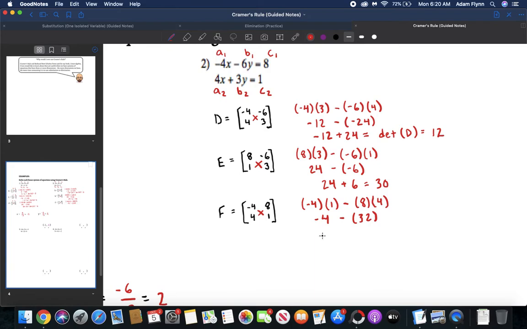So I have negative 4 minus 32. So my determinant of F is going to be negative 4 minus 32, which is negative 36.